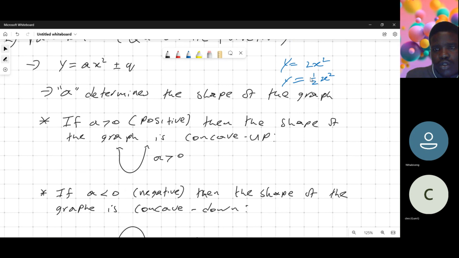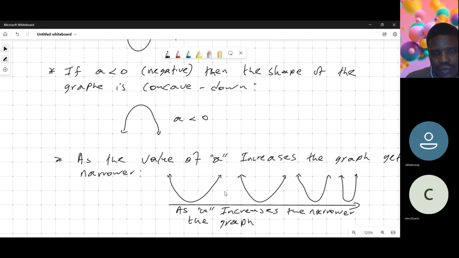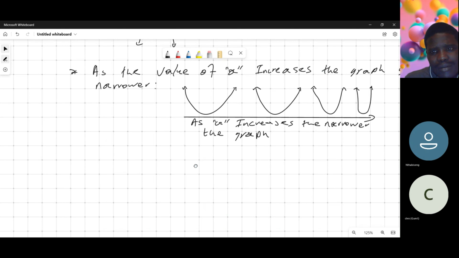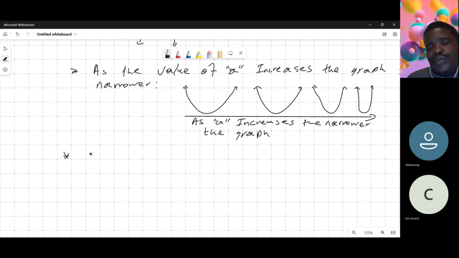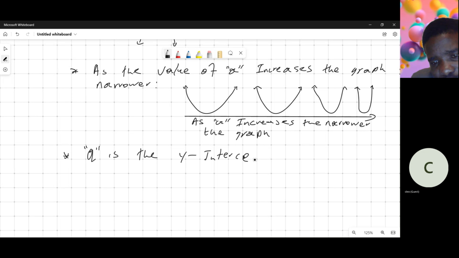Okay, we'll do this part in the example, as we compare the graphs. Then let's talk about the value of Q very straightforwardly. Let's talk about the value of Q. Your Q is the y-intercept.